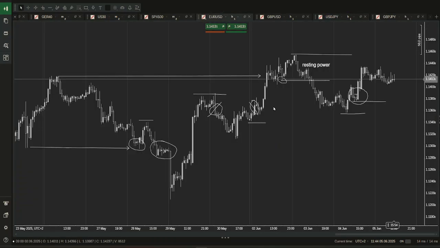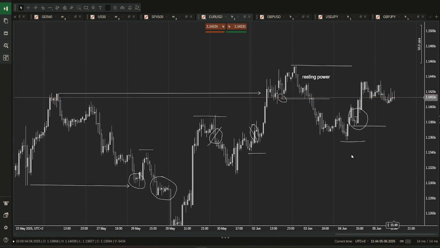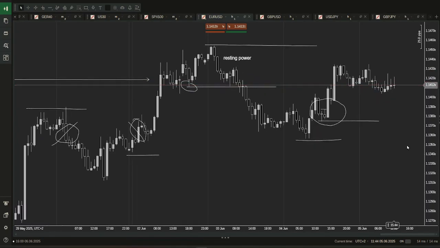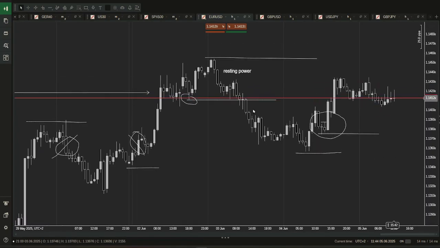Let's see here. Yeah, so I was waiting for us to come here. We didn't, but this price action over here was telling me that we came up, down, up, tagged the same level. Actually, this is higher, I think.